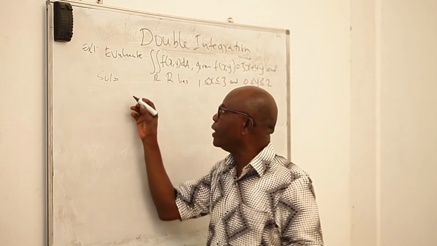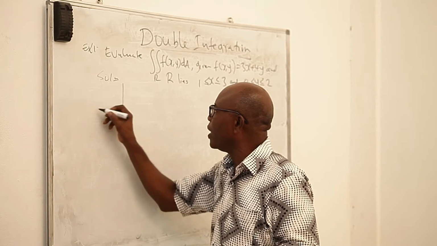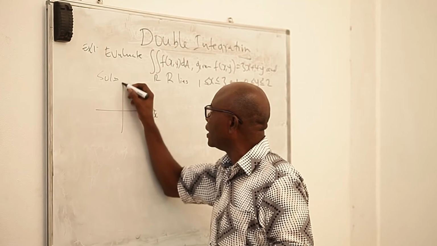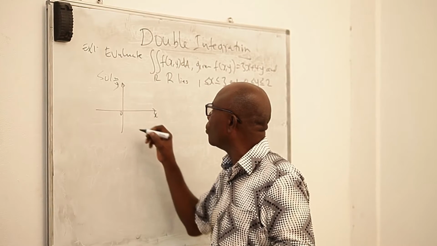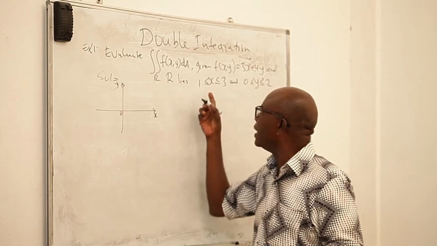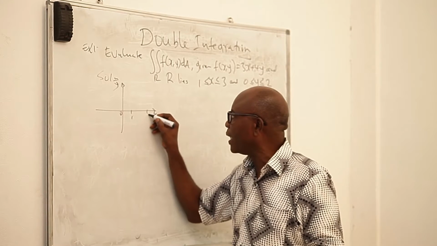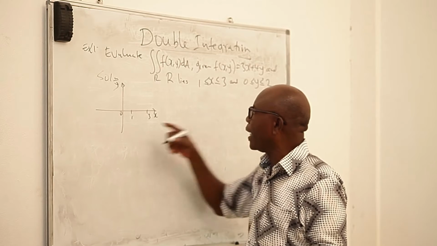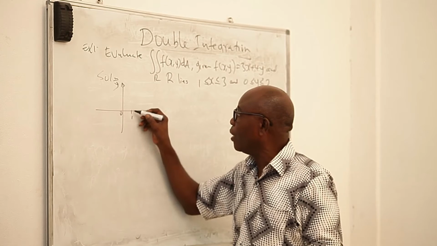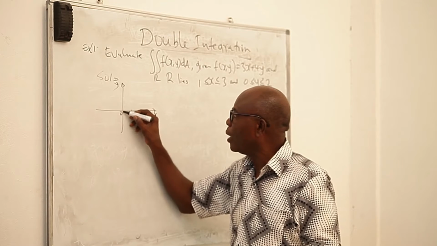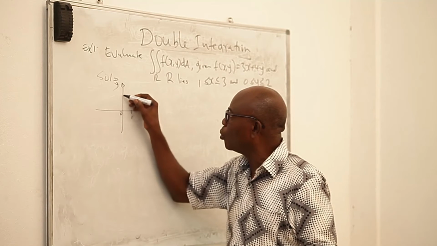So the region of integration will be, this is the x-axis, this is the y-axis, 0. Along the x, the lower limit is 1, and the upper limit is 3. And then on the y-axis, the lower limit is 0, and the upper limit is 2.